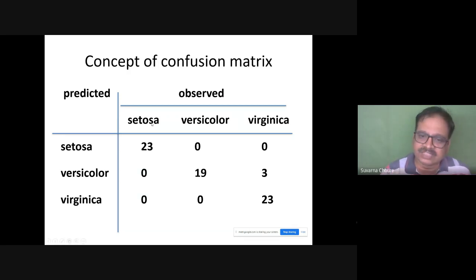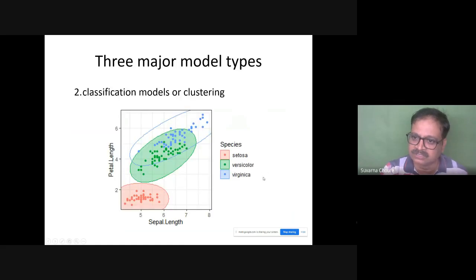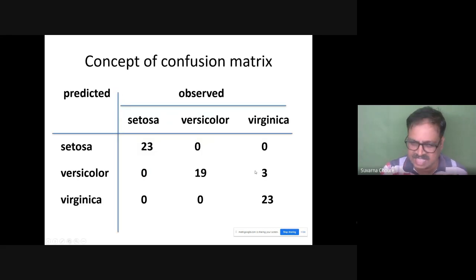Setosa is identified 100% of the time, 23 of 23, as Setosa only. Versicolor, little problem is there. In versicolor, 3 of the observations are being identified as virginica, because this versicolor virginica overlap is there, and because of that, this confusion is there.